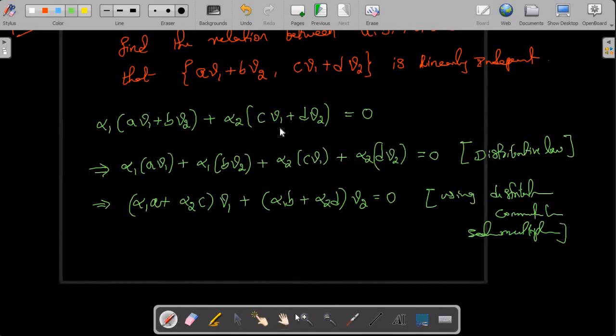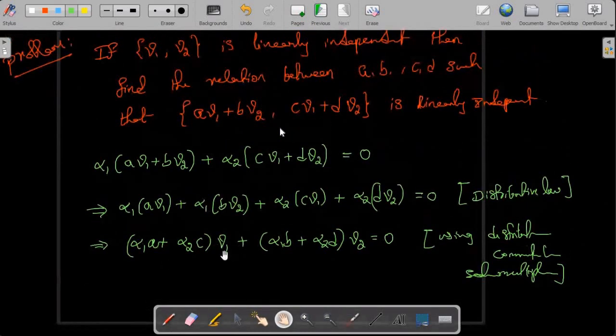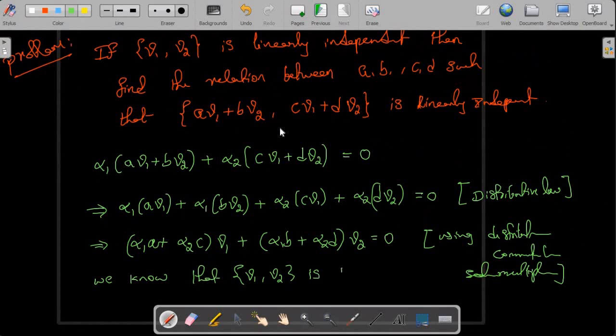Now we know one thing. What is it? We know that V1 and V2 are linearly independent because that is a statement here. So let us write here. So we know that V1, V2, this set is linearly independent.